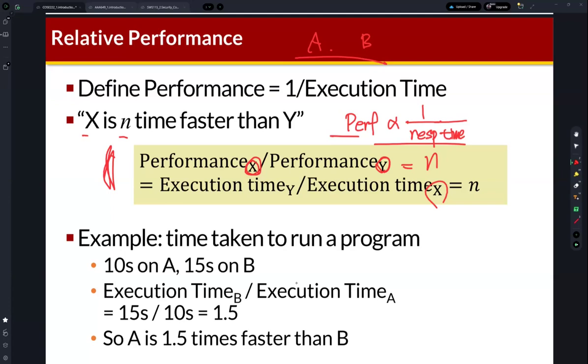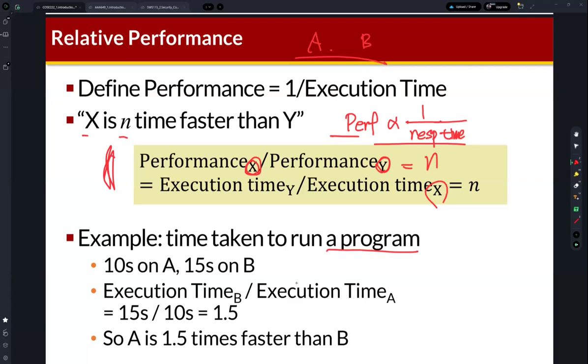So this is the example. The time taken to run a single program takes 10 seconds on computer A, and it takes 15 seconds on computer B. Then how can you measure?